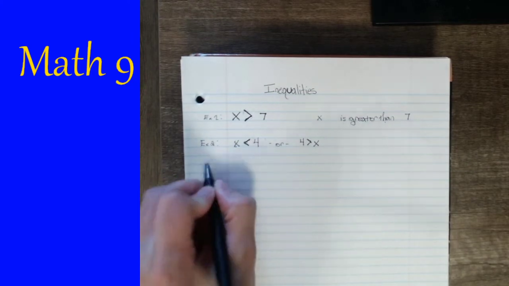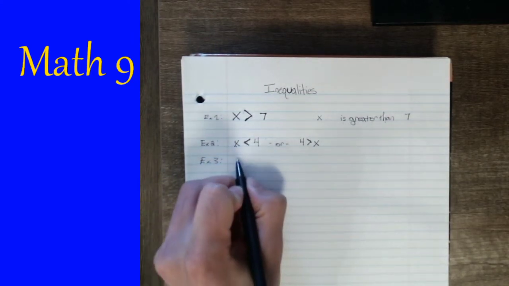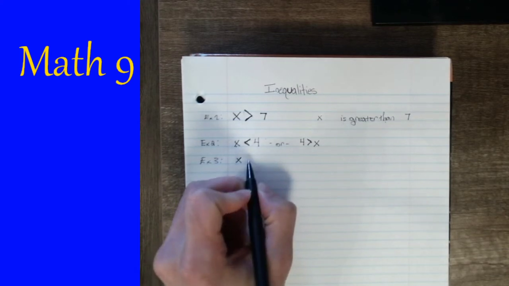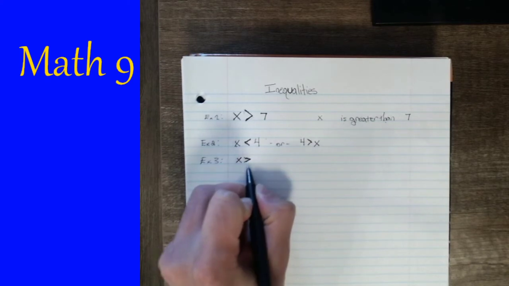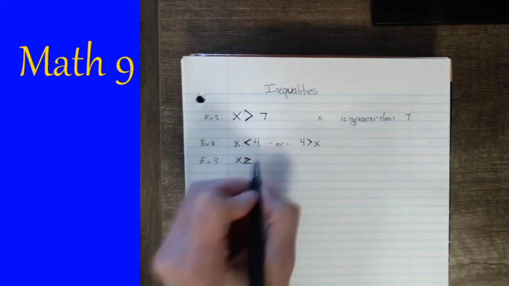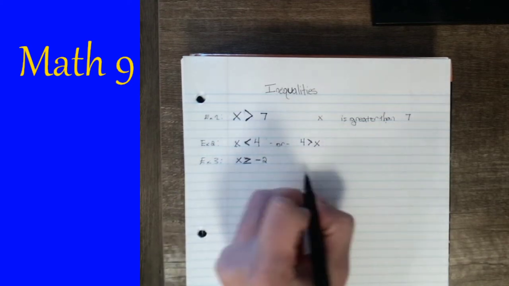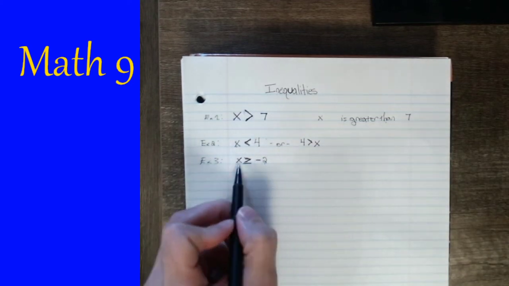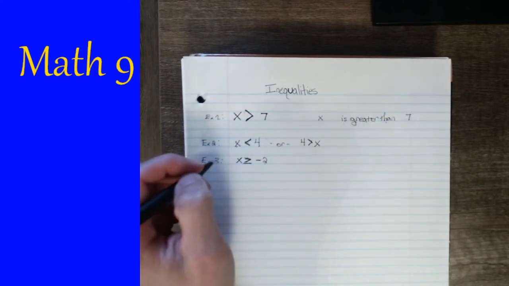We'll try one more. Example 3. x is greater than, with a line underneath. I hope you remember what this line means: x is greater than or equal to. So x is greater than or equal to -2.